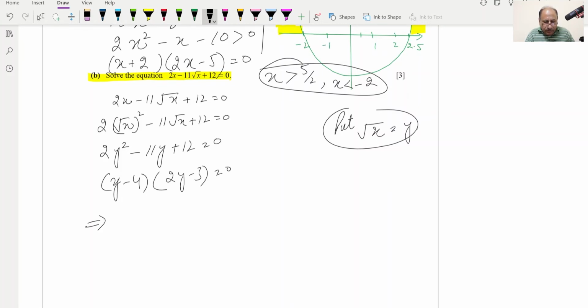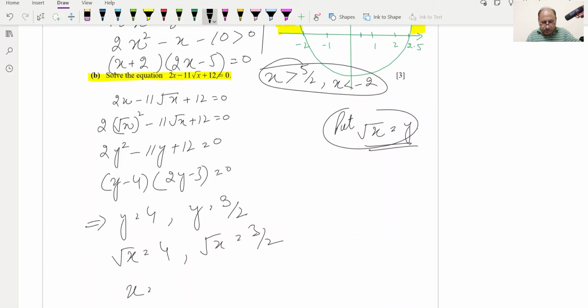This implies y is equal to 4 and y is equal to 3 by 2. So this one we will replace the value of y, which will be under root x is equal to 4, and this will be under root x is equal to 3 by 2 or 1.5, and x value will be what?